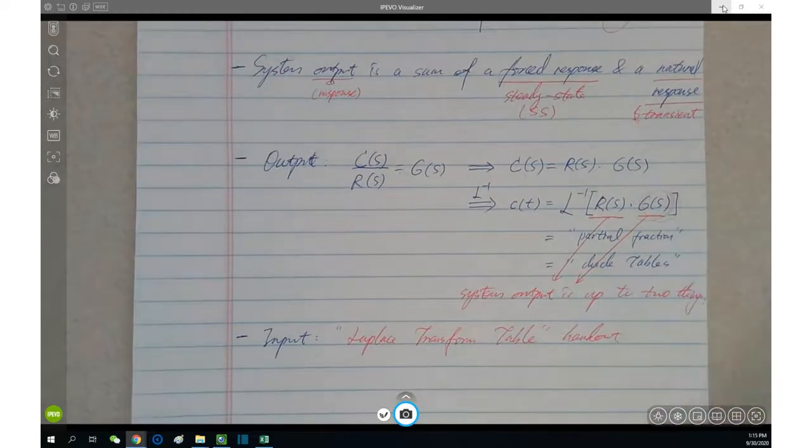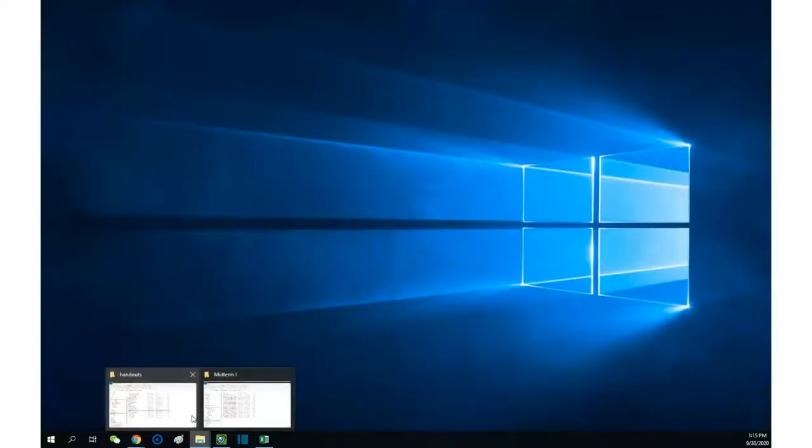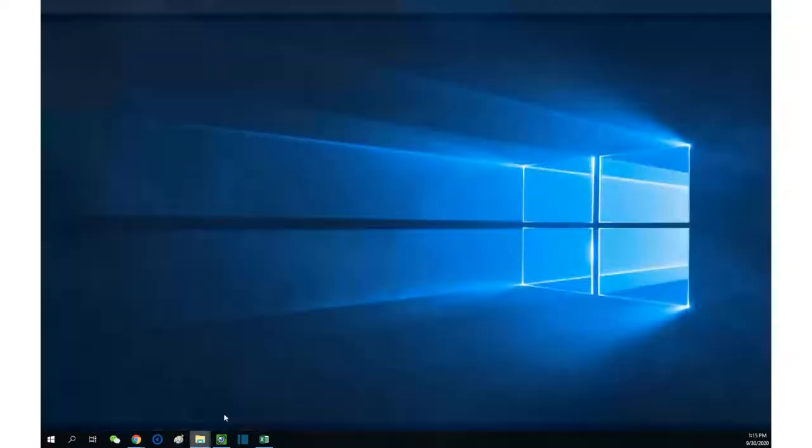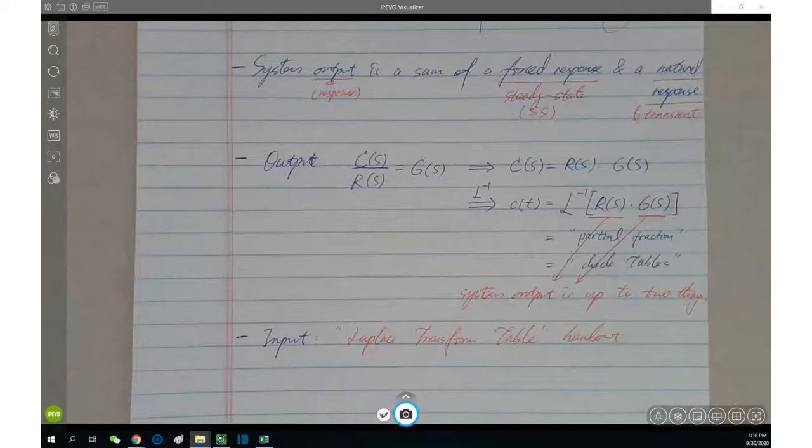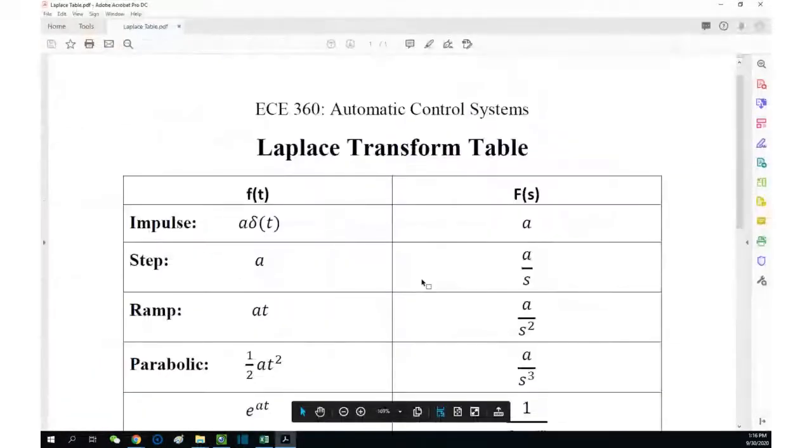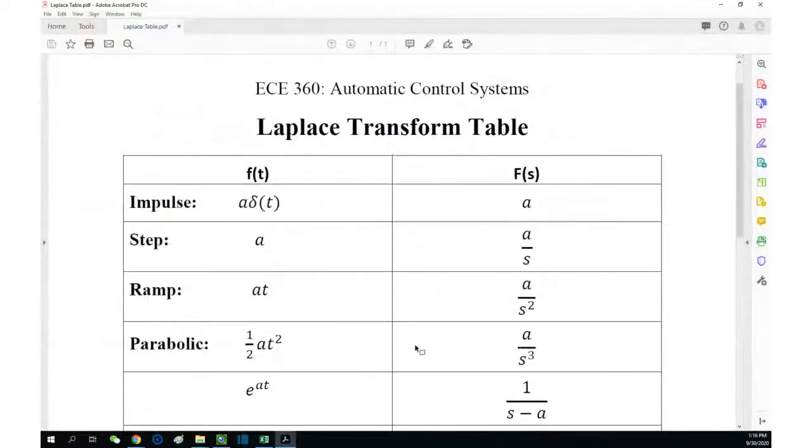Let me find it. This is what I'm talking about. This is the handout from the previous module, right? And from this module, we introduced the four signals with names of impulse, step, ramp, and parabolic.